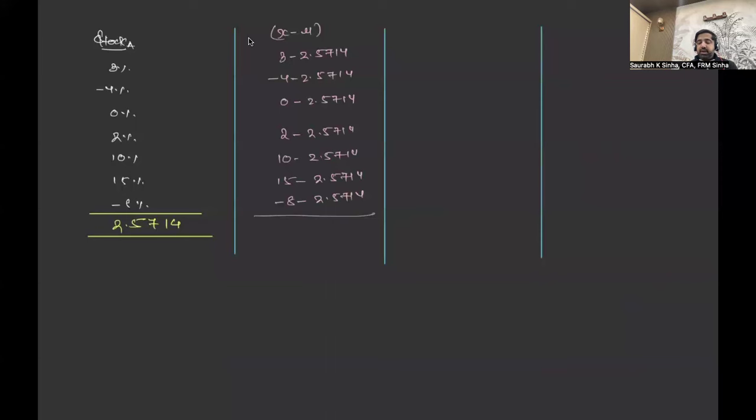Whatever it comes, you have to do the square. So you'll do (3 minus 2.5714) whole square, then minus 4, I think it would come minus 6.5714 whole square, then minus 2.5714 whole square, then minus 0.5714 whole square.